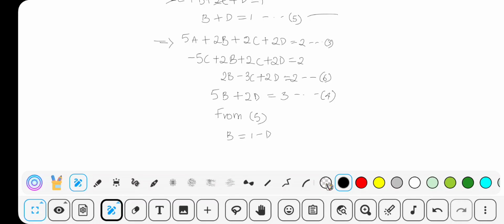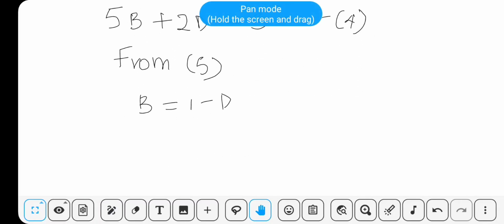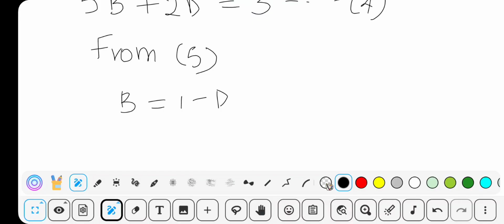So we can make b equal to 1 minus d, and keep solving. So put b into equation 4.